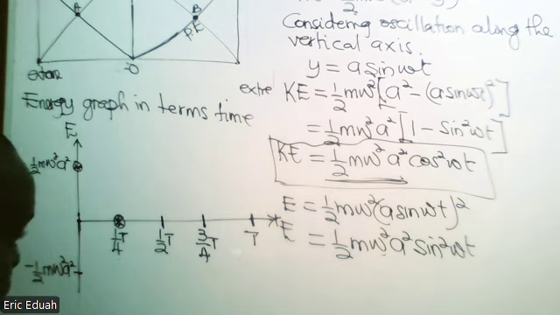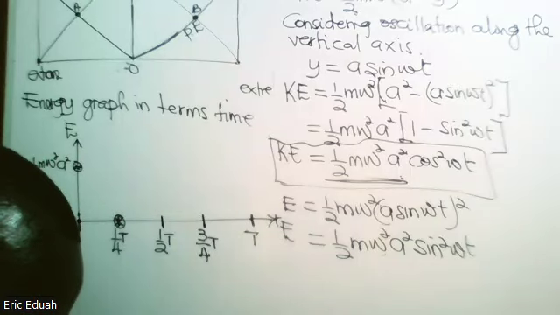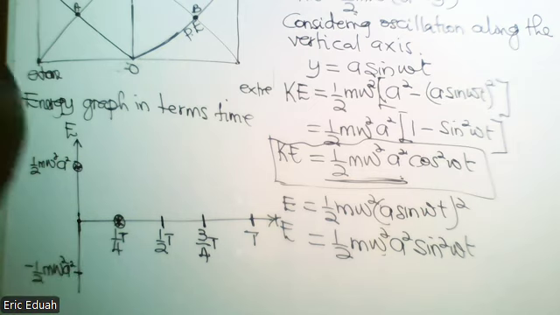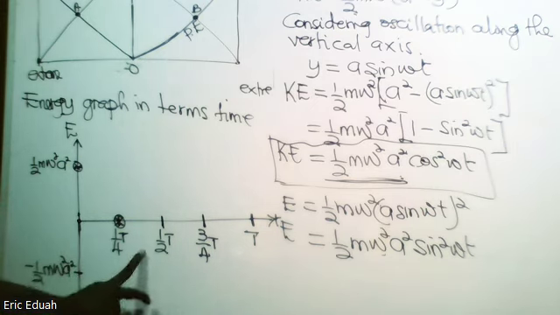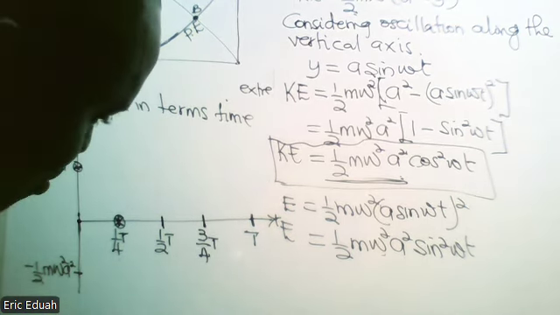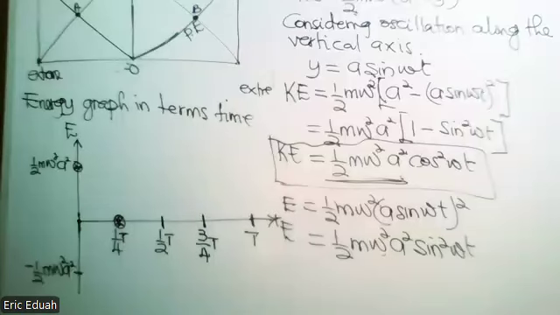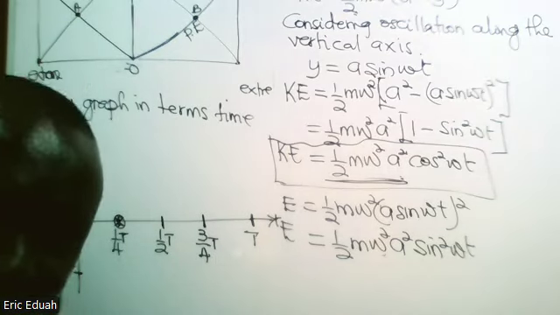When T is half of the period or theta is 180 degrees, what will be the kinetic energy? It will not be negative.